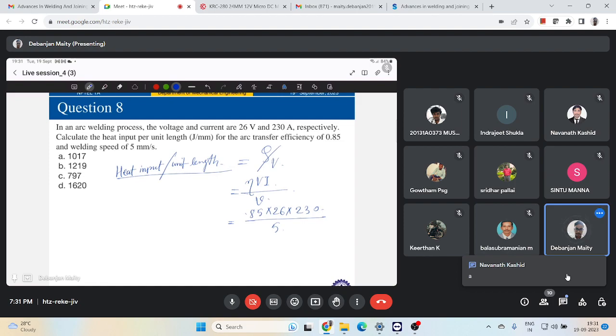No, it's fine. We need to calculate it in terms of joule per mm. So this is in mm and this will be in joule. How much is this coming? Can anyone calculate please and give me a number?